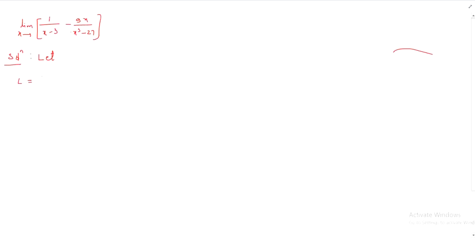Let us consider the given function, limit x tends to 3 of 1 by (x minus 3) minus 9x upon (x cube minus 27), is equal to limit x tends to 3 here, okay, and 1 by (x minus 3), okay, minus 9x, and here you can see this term is factorable.